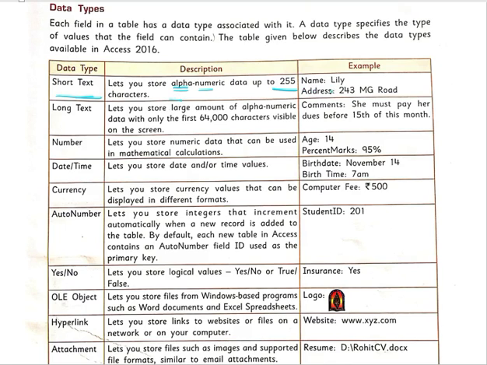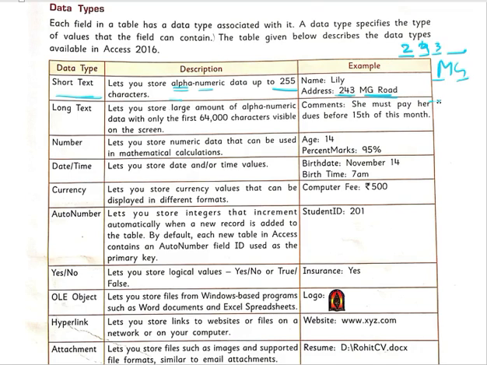For example, a name like Lily is only alphabets, but in an address you can see numbers and alphabets both. This type of alphanumeric data can be filled in, up to 255 characters. In 243, 2 is one character, 4 is one character, 3 is one character, and a space again counts as one character.